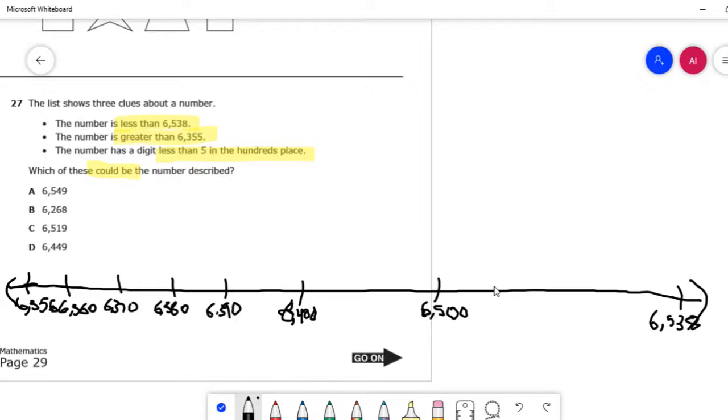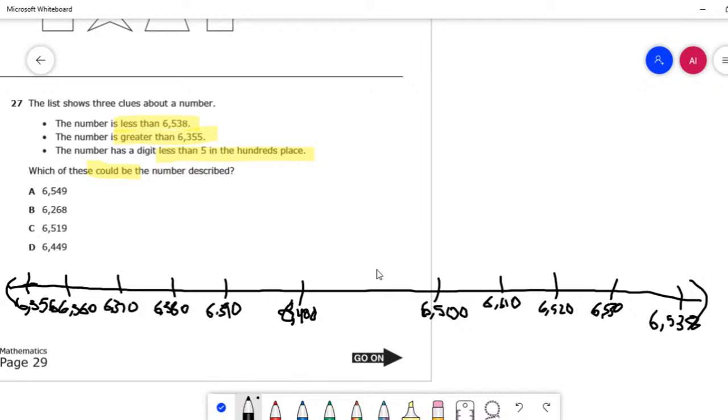Over here, we have 6,510. Let me space this out a little. We'll put 6,520 over here. 6,530 over here.